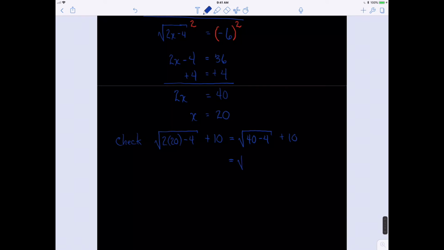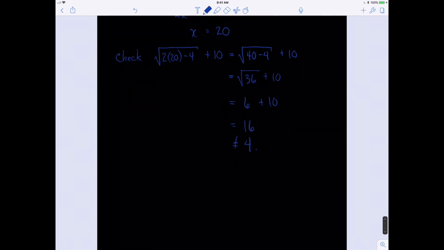That's going to be the square root of 36 plus 10. This is going to be 6 plus 10 for an answer of 16, which does not equal 4. So, wait a minute. No solution? I say that with a question, but really the answer is that there isn't a solution to the problem.